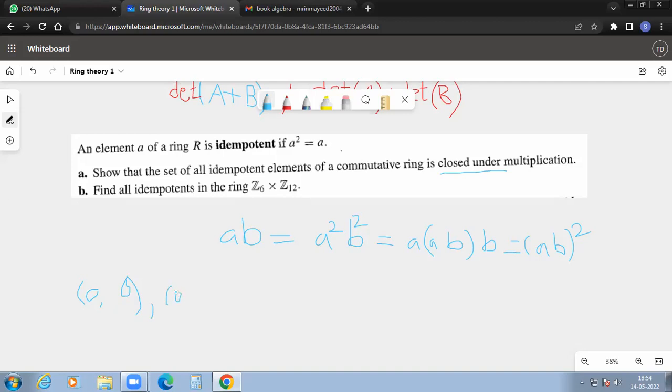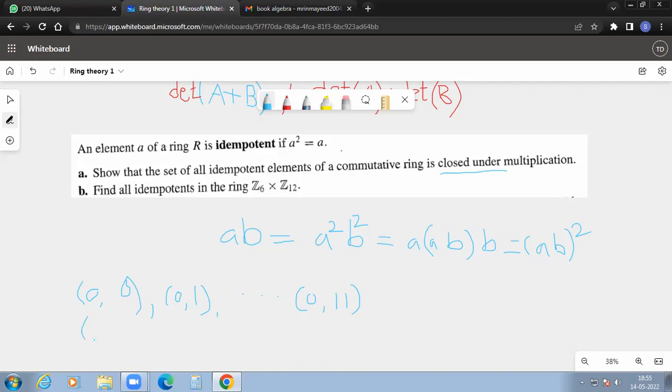Keeping first entry 0, I'm trying to have all kinds of ordered pairs with Z12. So what next do you get? Up to what? 0, 11. Because we are having Z12, this will be up to 11.